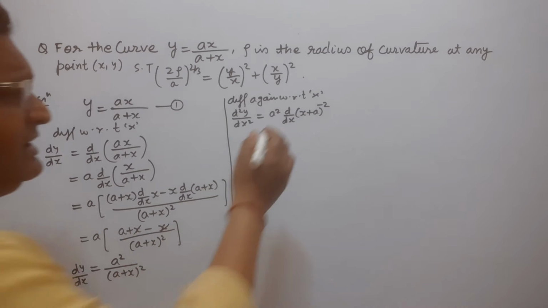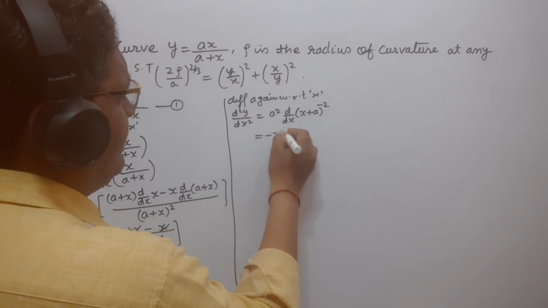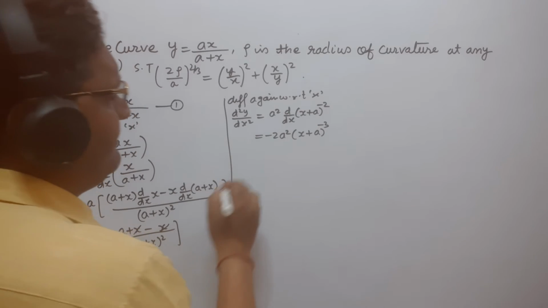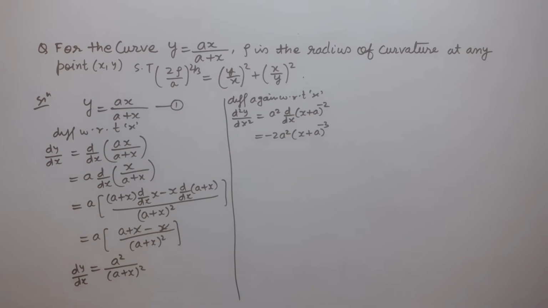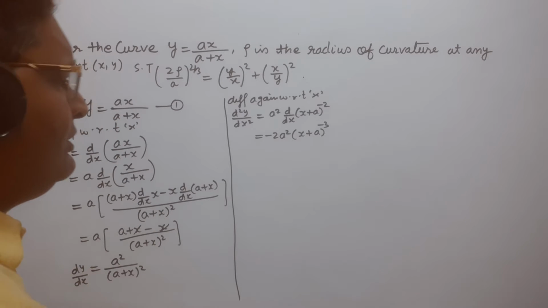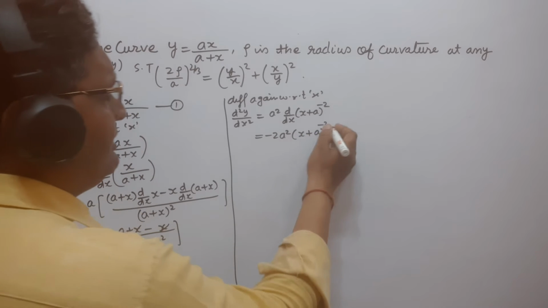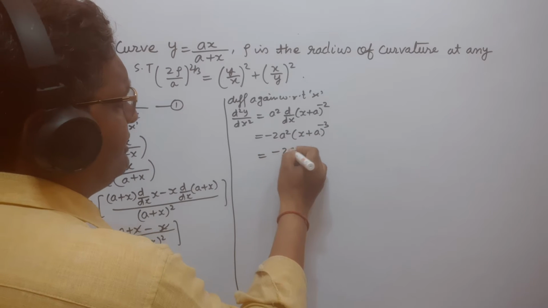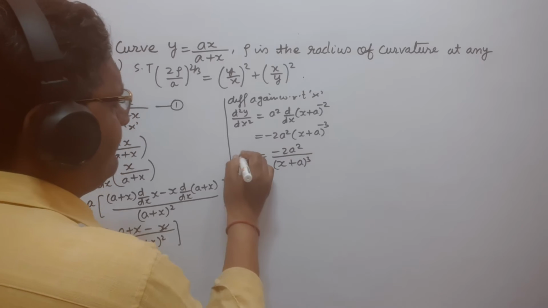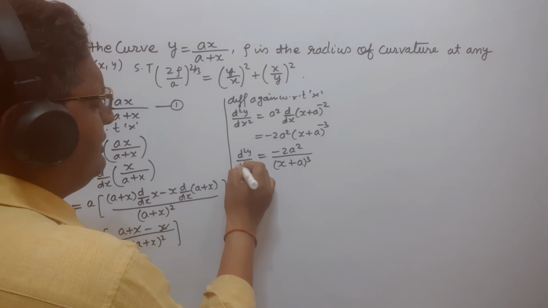Now we differentiate this, we write this minus 2a square and x plus a whole power minus 3. And differentiation of x with respect to x is 1, and differentiation of a with respect to x is 0. So this is minus 2a square upon x plus a whole power minus 3. So this can be written as 2a square upon x plus a whole cube. So this is d2y by dx2.